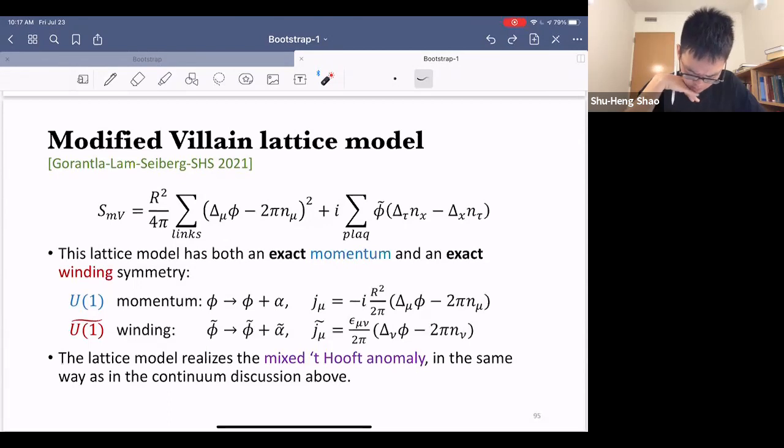No, this anomaly cannot be thought of as a projective representation, because even on the lattice, there's still a notion of dimensionality, right? There's still a notion of locality.